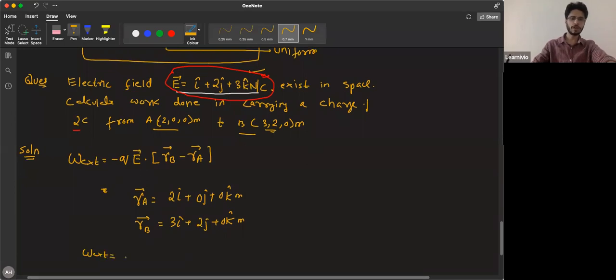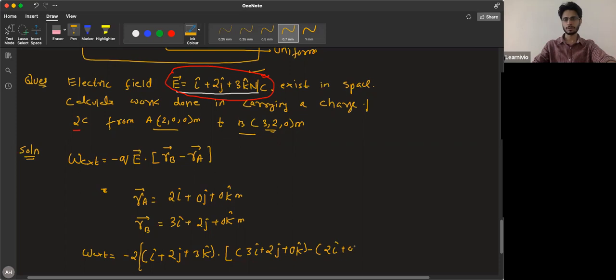Now let's substitute their values. q is 2 coulomb. And your electric field E is this: i cap plus 2j cap plus 3k cap dot (r_B minus r_A). So r_B is this: 3i cap plus 2j cap plus 0k cap, minus r_A, which is 2i cap plus 0j cap plus 0k cap.